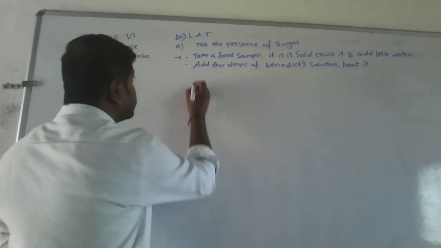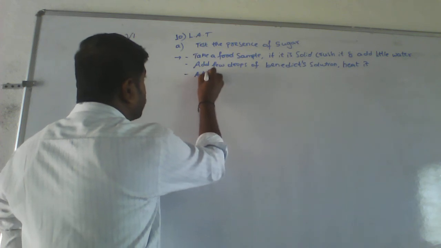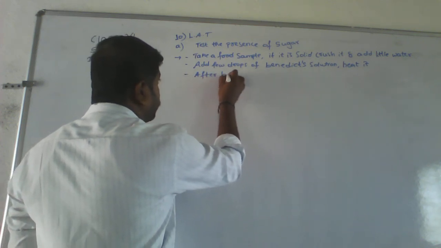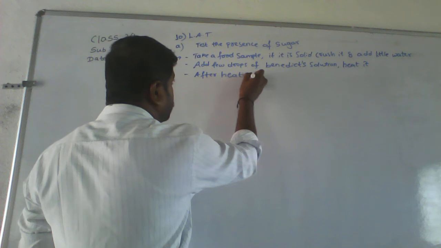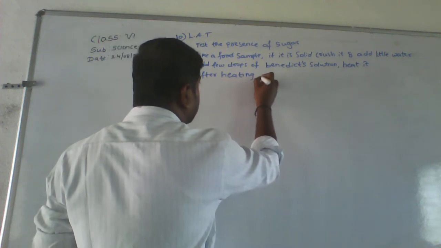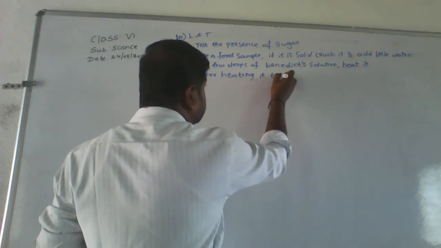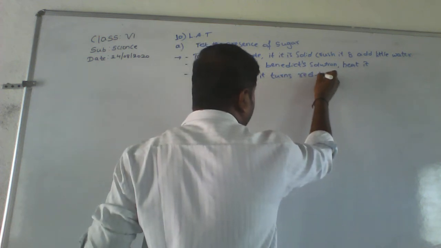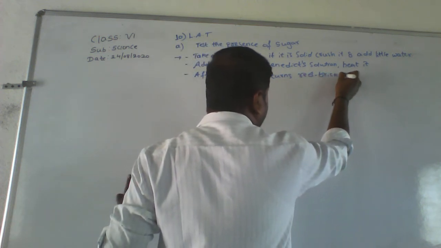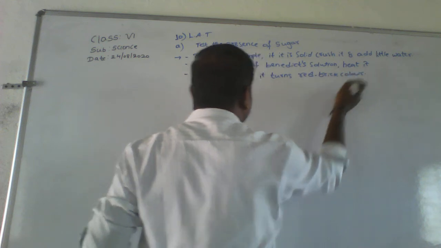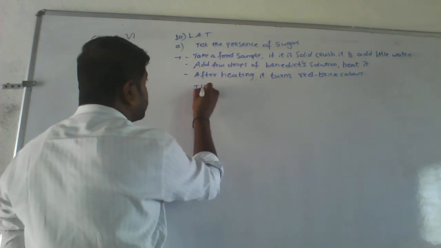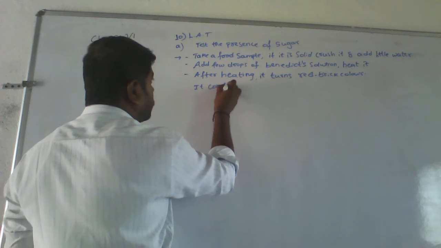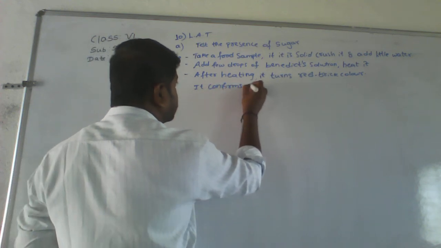After heating, the food turns to red brick color. It confirms that sugar is present in it.